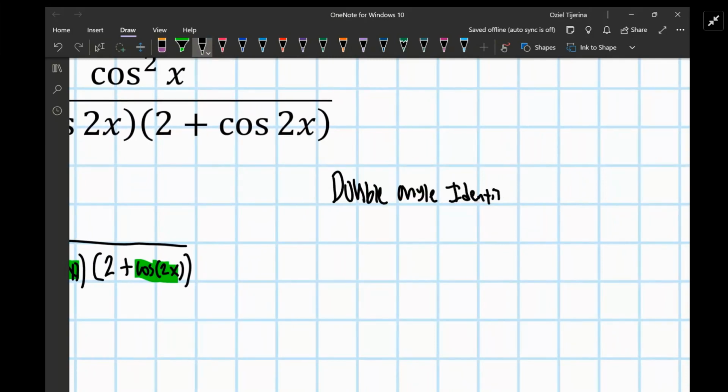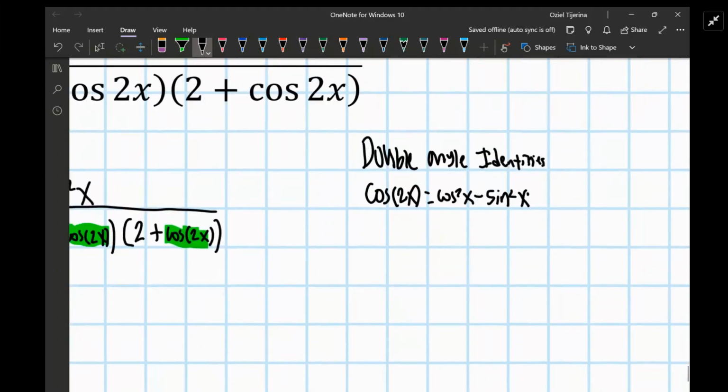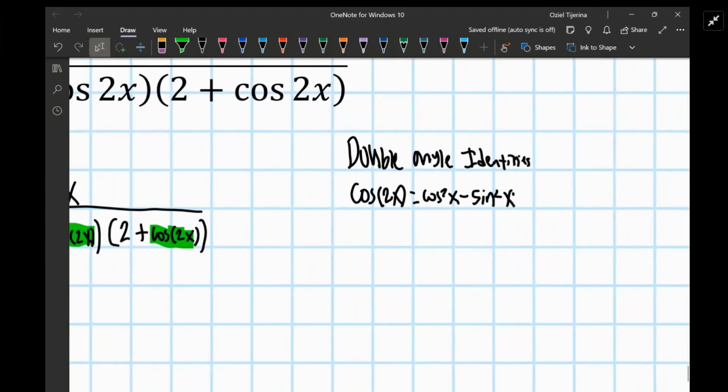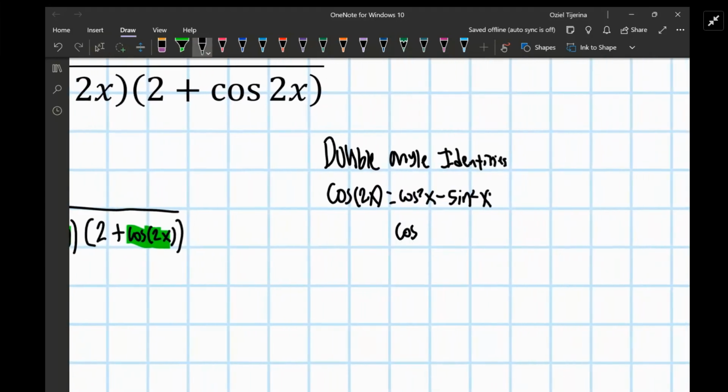the cosine of 2x is cosine squared x minus sine squared x. And if you use the Pythagorean identity, it would be cosine squared x minus the quantity 1 minus cosine squared x for the sine squared x.